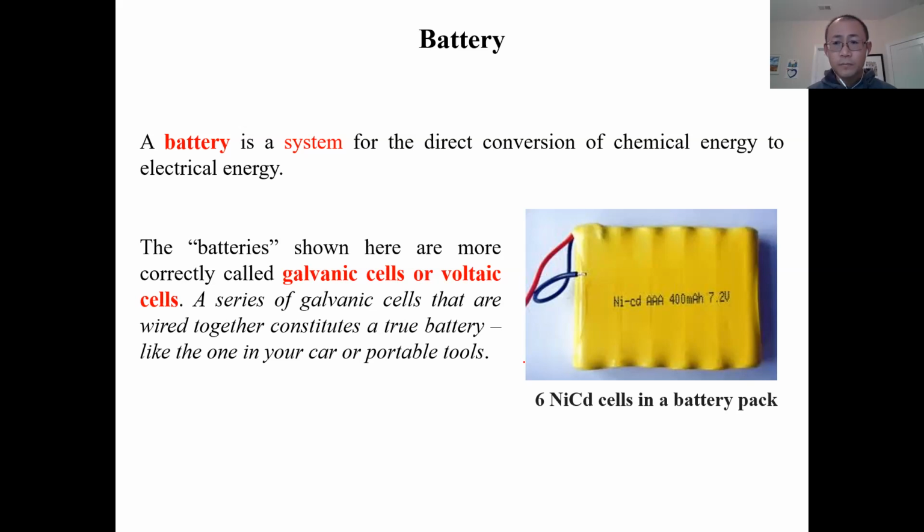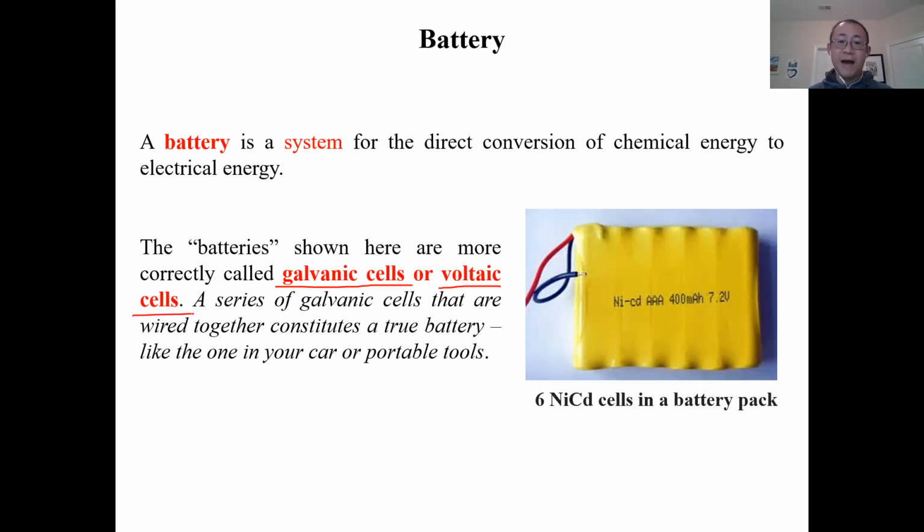Now, normally, a battery is composed of individual units. And those individual units are called galvanic cells or voltaic cells.